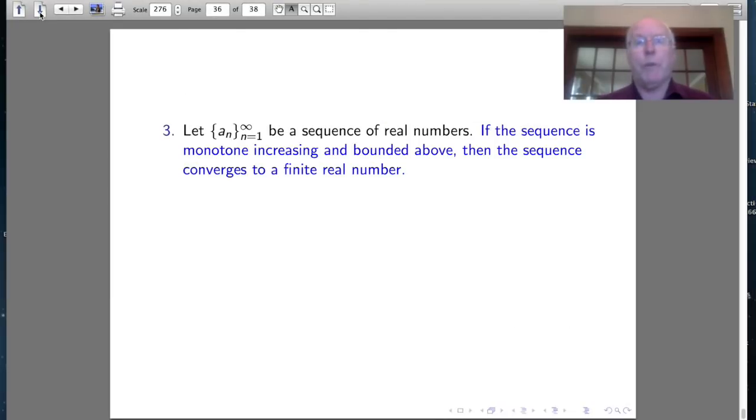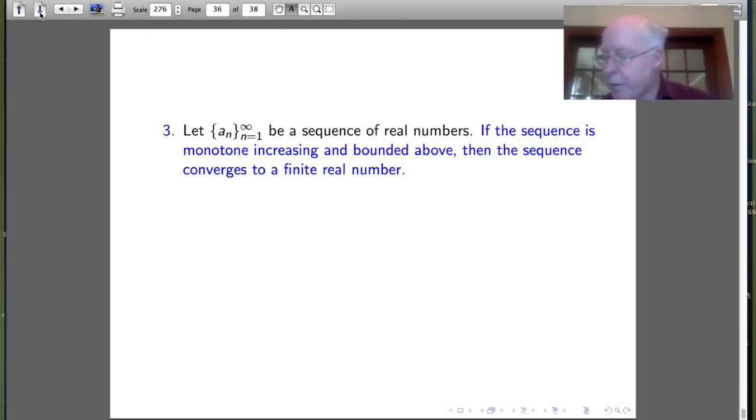And then this important result we saw earlier: suppose a sub n, n from 1 to infinity, is a sequence of real numbers. If the sequence is both monotone increasing and bounded above, then the sequence must converge to a finite real number. This will be a very important result for us when we move on to our study of infinite series.